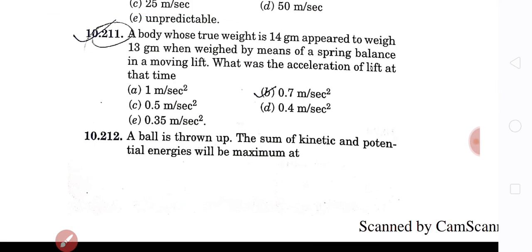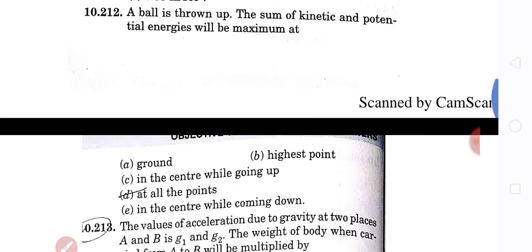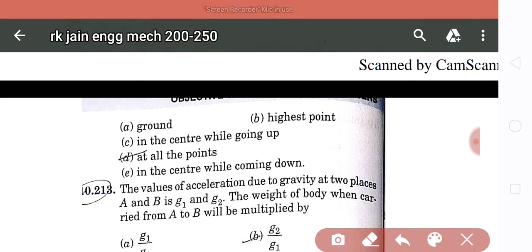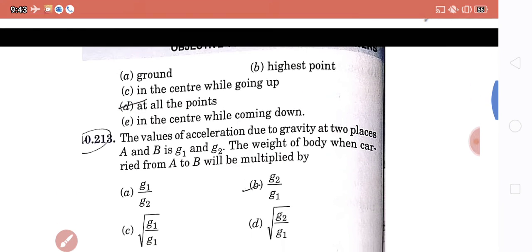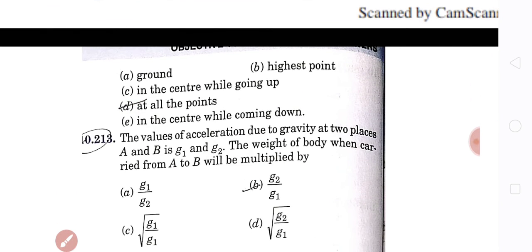Next, 212 number question. A ball is thrown up. The sum of kinetic energy and potential energy will be maximum at? We know that the sum of kinetic energy and potential energy is always constant, from the law of conservation of energy. 213.